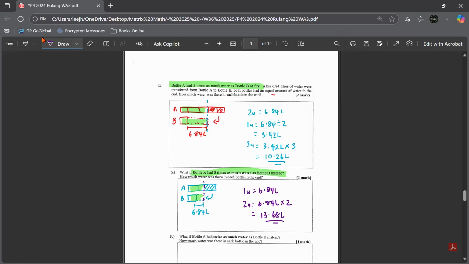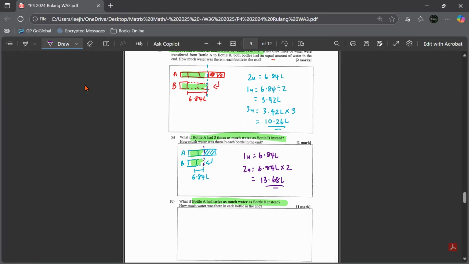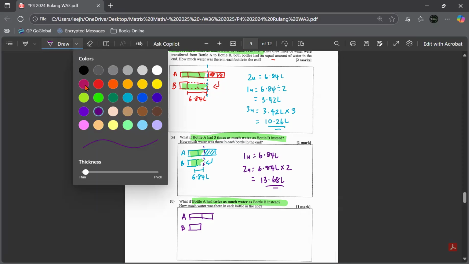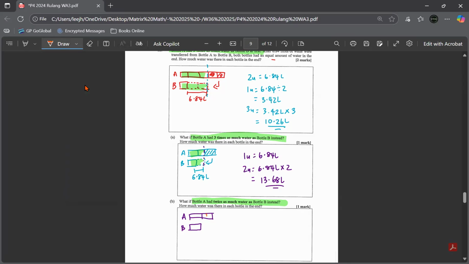Now the third one, they change the question again. Now what if the first sentence they replace it with A had twice as much water as B? So I do it. A twice as much as B, right? So I draw A and B. A is 2 units, B is 1. So if I want to make them equal, that means this 1 unit will be split into 2.